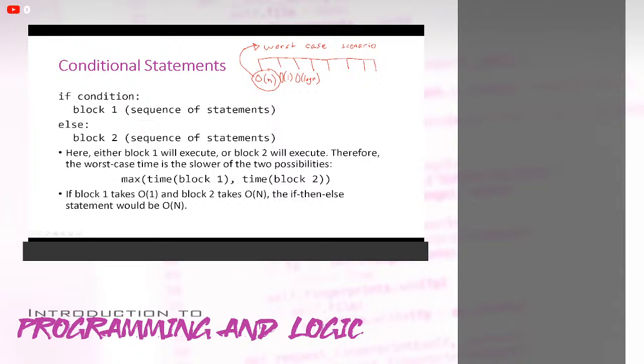So that becomes the complexity for that entire block of conditional code, right? Whether that code is run or not, it's only going to be that complex in the event that that condition is true. But the worst case scenario is the slowest of all the possibilities.